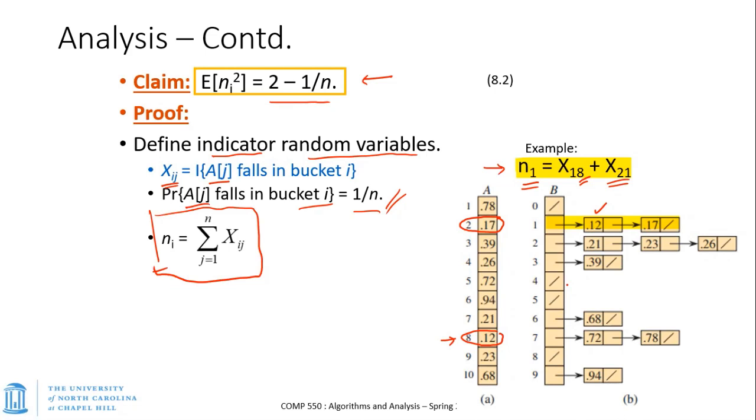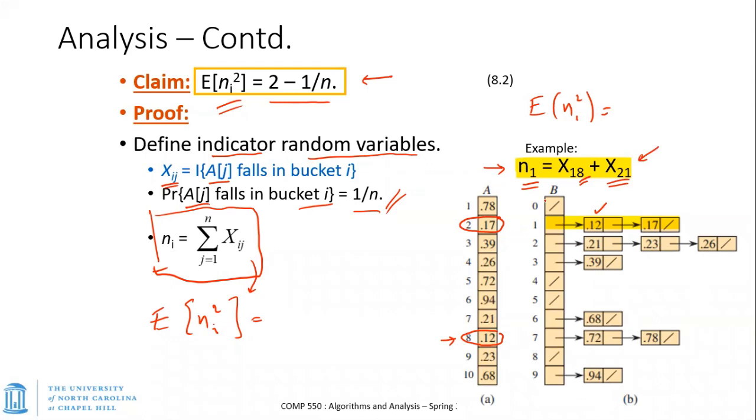So we've defined what n sub i is, and so from here we can calculate the expected value of n sub i squared. Any thoughts on that? Would that be trivial, non-trivial? How would we calculate the expected value of n sub i squared once we have this equation? How would we calculate the expected value of n1 squared, given that n1 is given by the following expression?